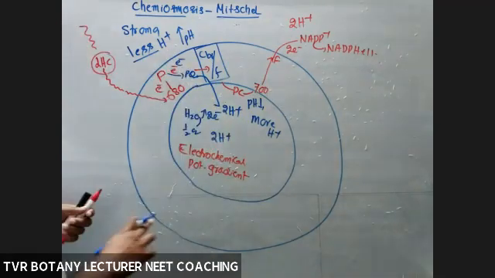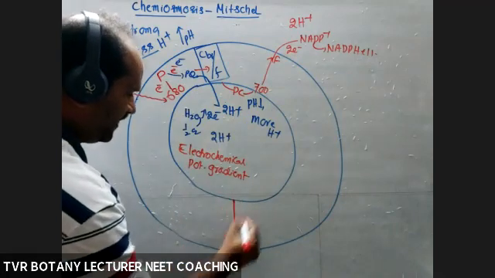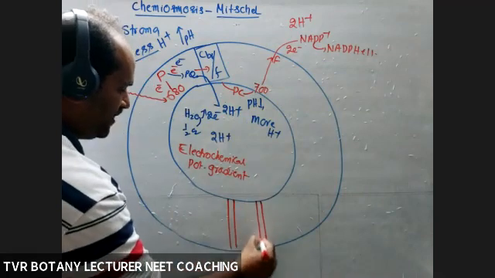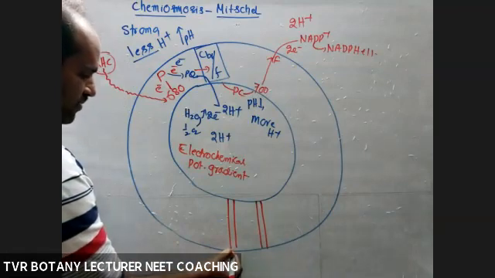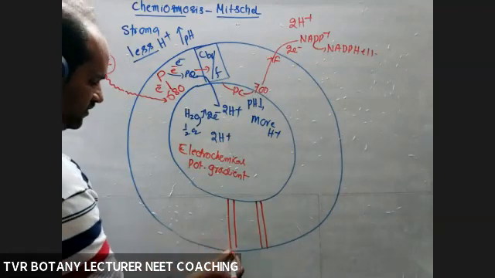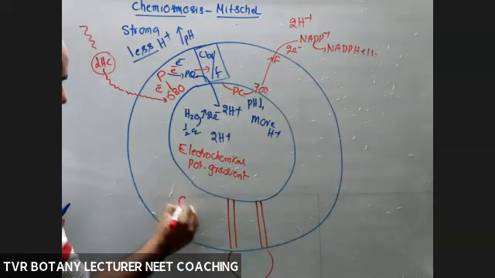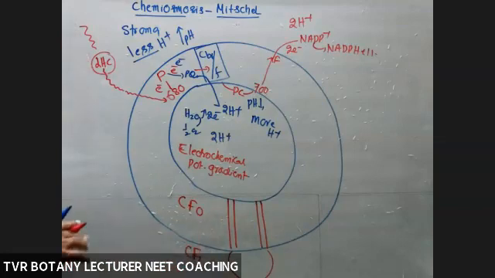So now this membrane is impermeable to protons. But at certain areas, at particular areas, for example, here I'm taking that the membrane is with an ATP synthase complex. Okay, so this is the ATP synthase complex. Just we discussed now. This one is CF0, this one is CF1.